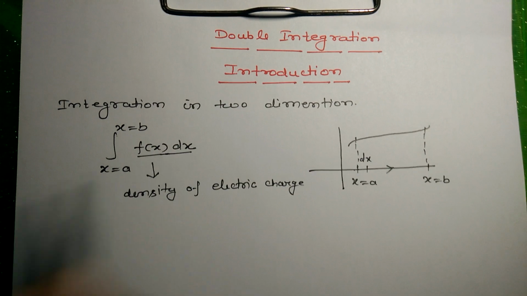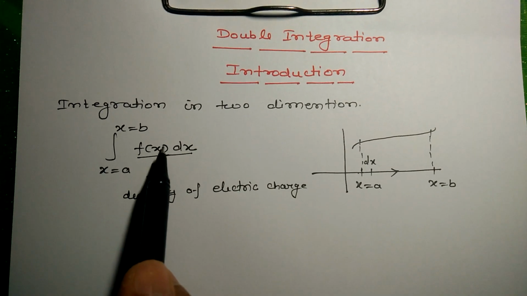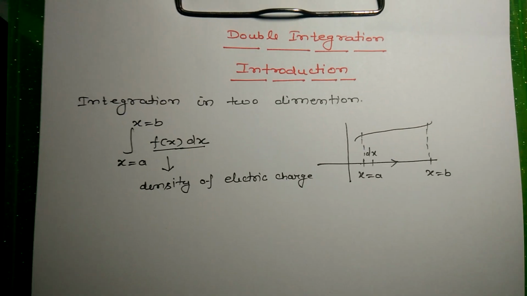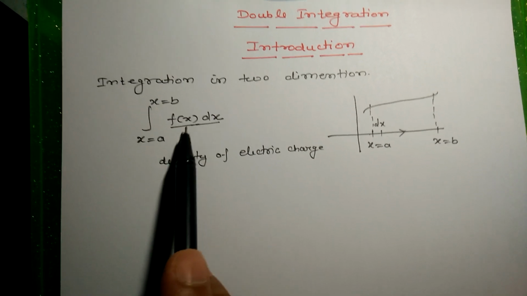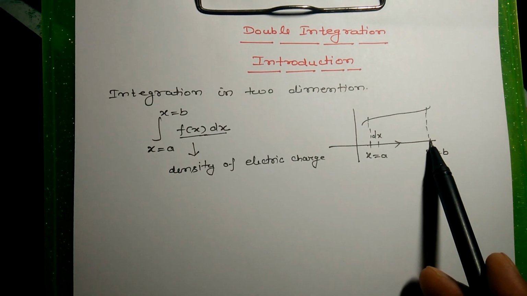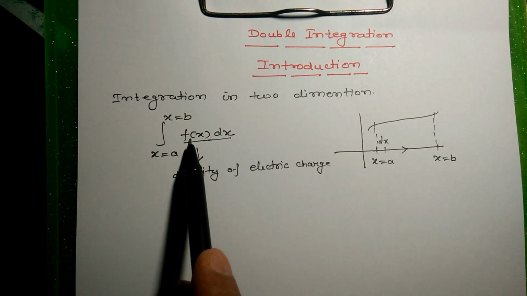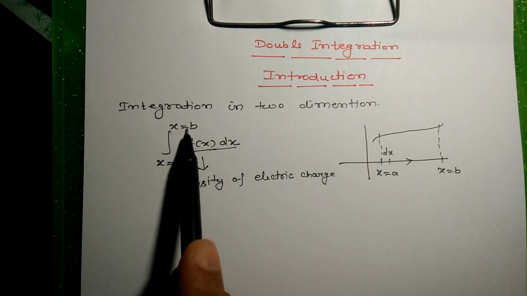That will be f(x) dx, because f(x) is the electric charge present per unit length. So how will you calculate how much total charge is present from a to b? You integrate this function f(x) dx from point a to b.